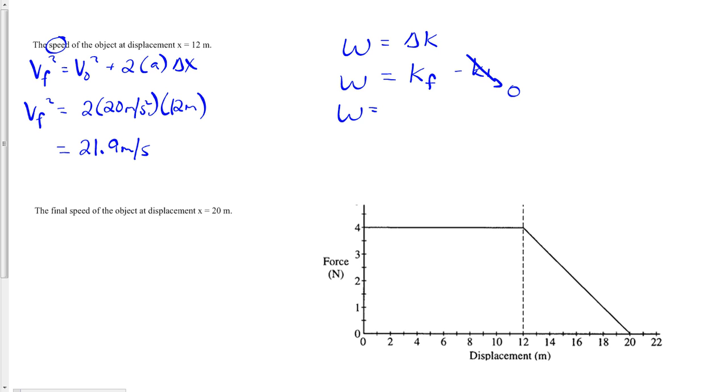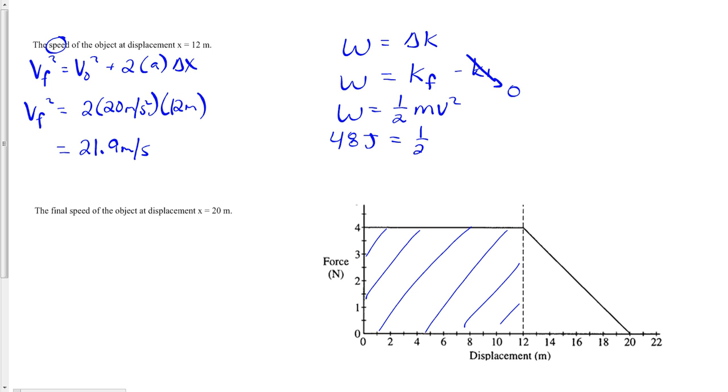So work equals 1/2 mv squared. That's the work-energy theorem. The work done, we calculated already. That's the area under the curve. 48 joules. Velocity, 21.9 meters per second. So either way, yes.